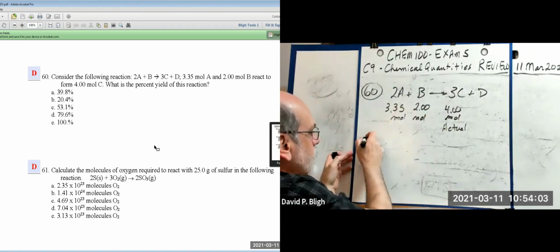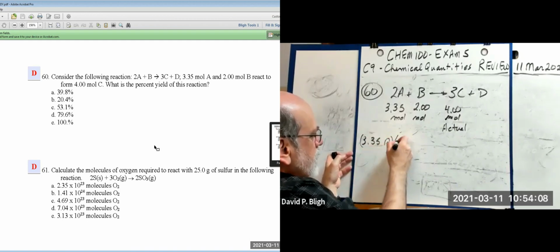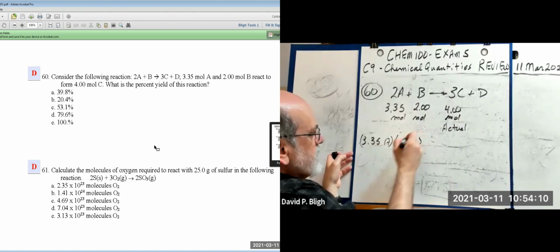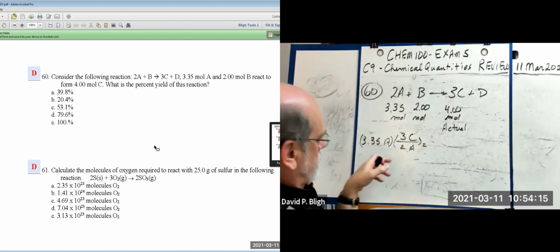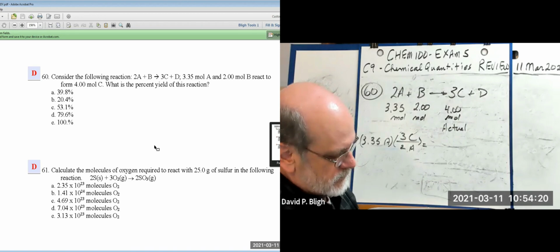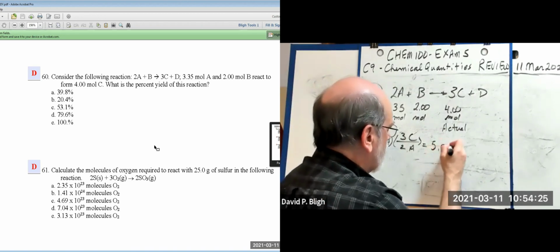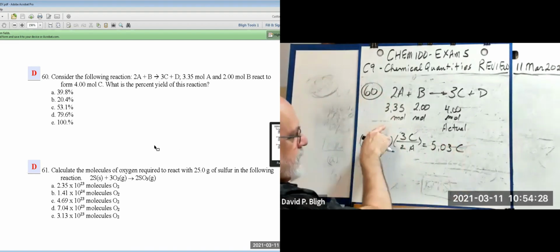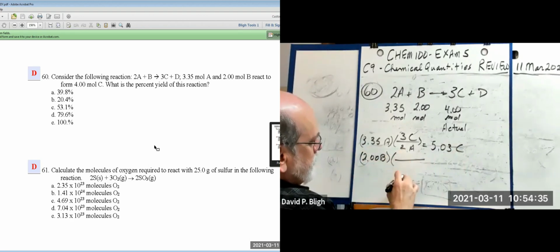So we take 3.35 A and we convert it to C. So 3 C's, 2 A's, 1.5 times 3.35 is 5.03 of C. With 2 B, we have B here, C there.